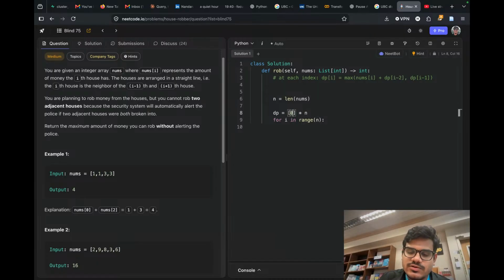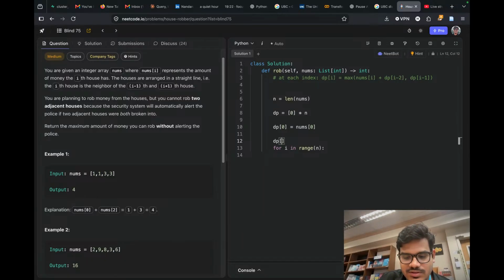So this is our DP, and initially we can point the initial value to nums of 0, the first index that we have. And the next one can be the max of nums of 0, whether we take that one, or nums of 1.